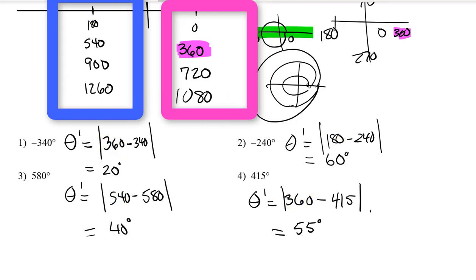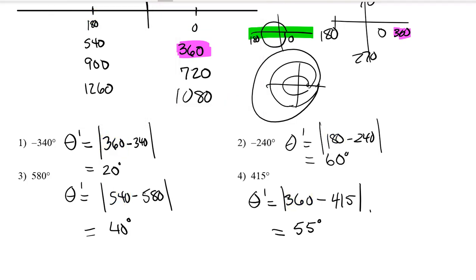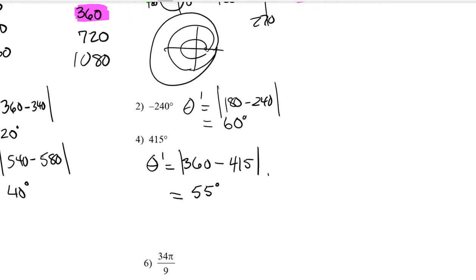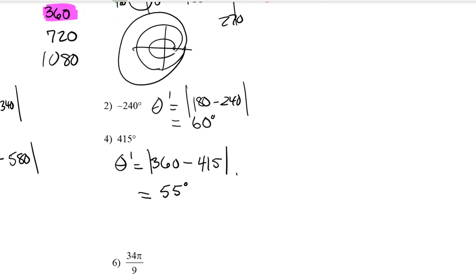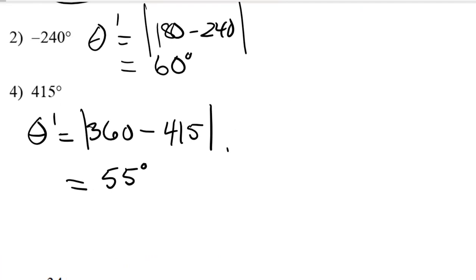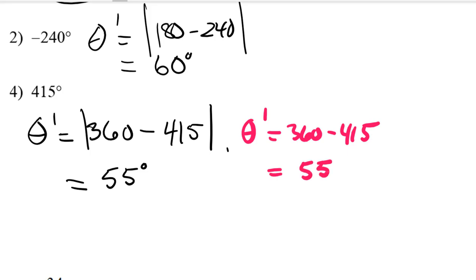Here's where some people might make a mistake. Say number 4, for example. If you wrote theta prime equals 360 minus 415, and said, oh, that's just 55, because your brain says it has to be positive so you just subtract, this would be incorrect. This is what's called a linkage error, because you're saying these two statements are equal, and they most certainly are not.